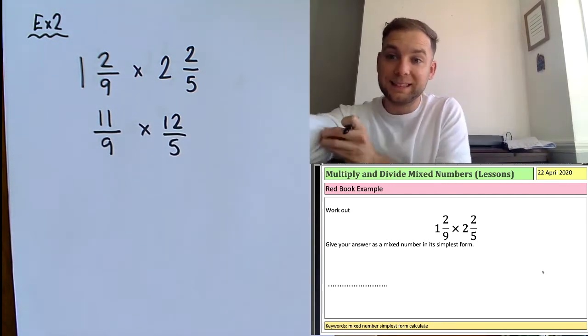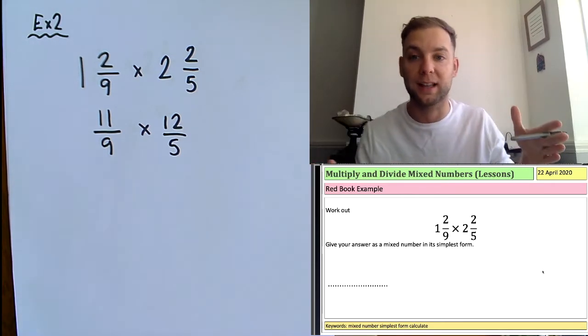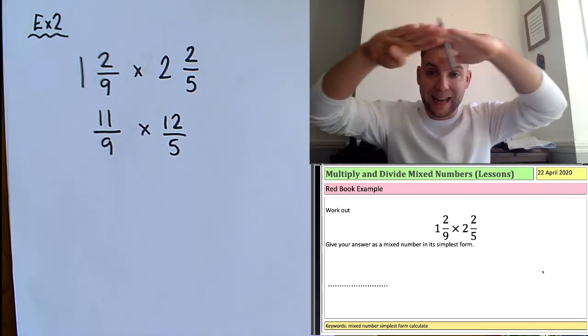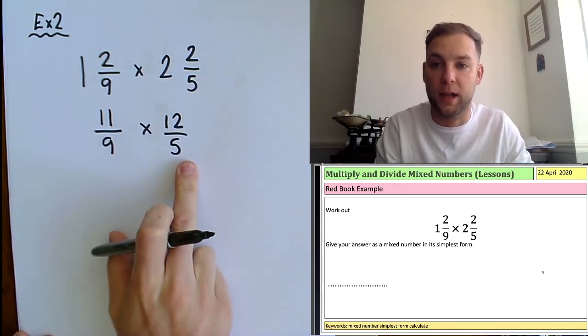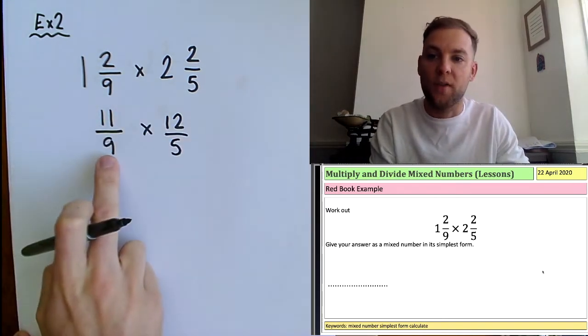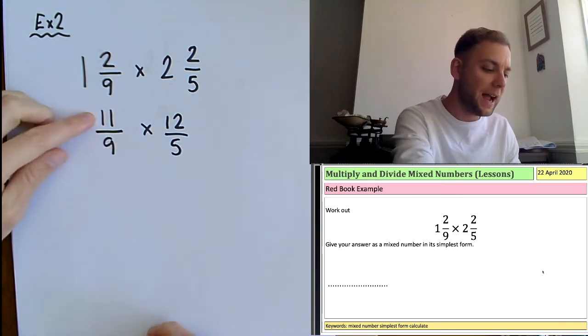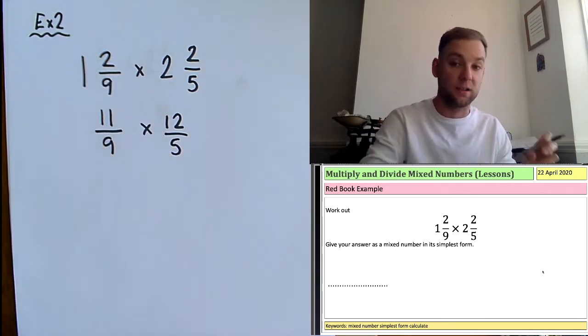Now remember, at this stage it's worth having a look if there's anything we can cancel. You can cancel anything on the top row with anything on the bottom row, but you can't cancel across. 11 and 9 don't cancel. 12 and 5 don't cancel.